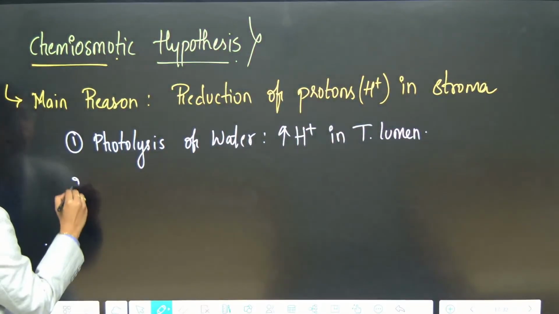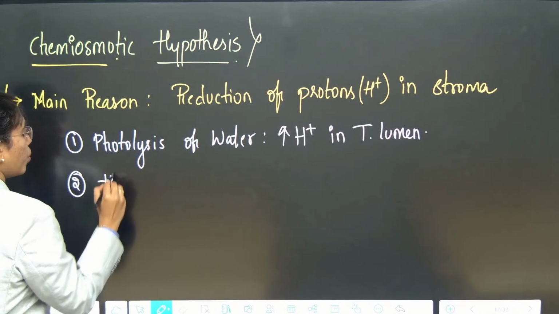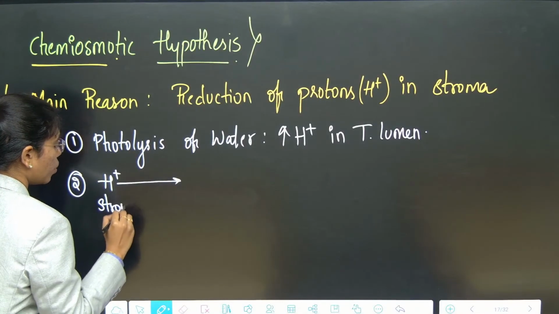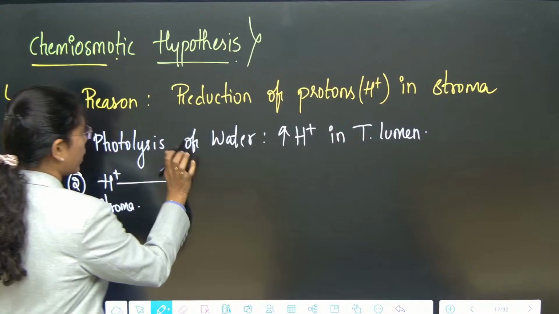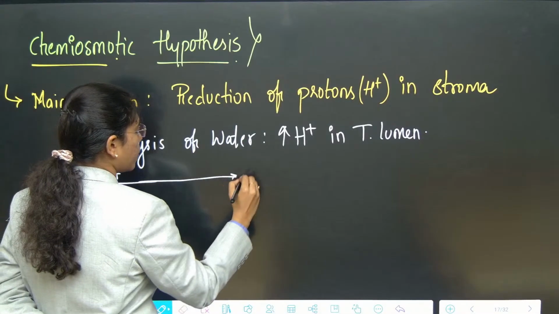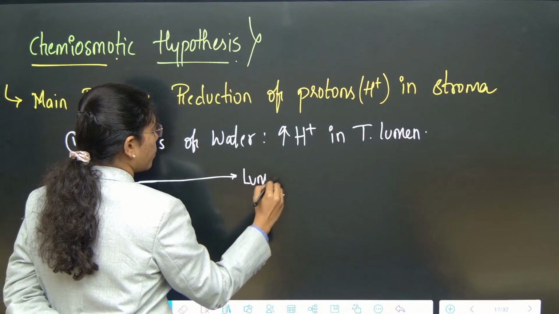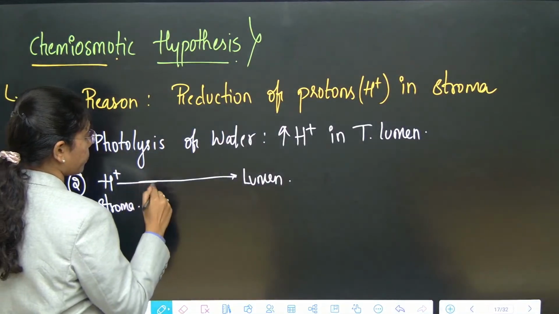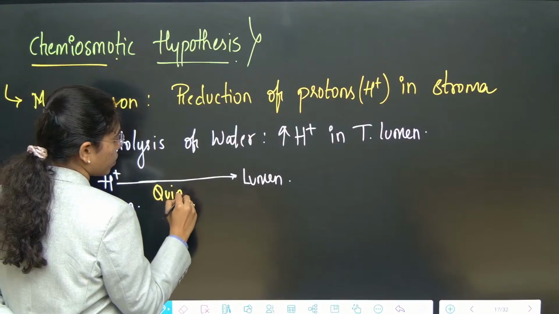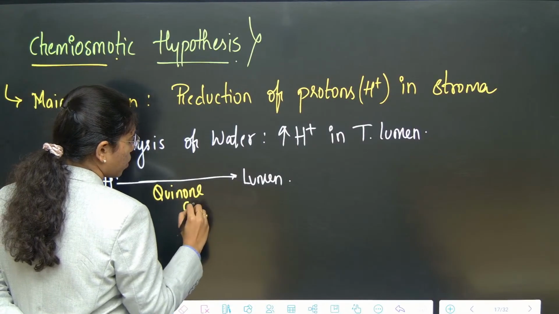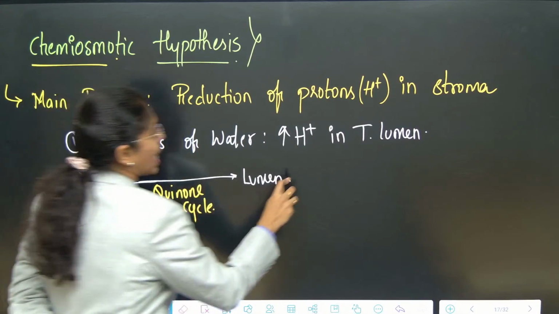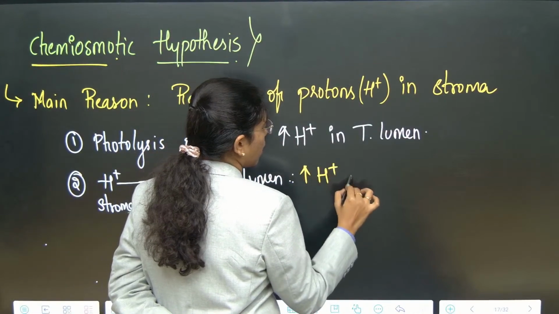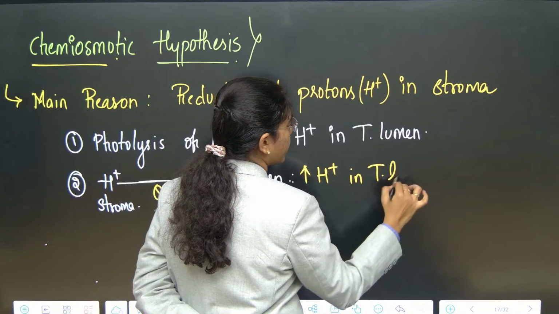Second is protons are pumped from stroma to lumen by quinone cycle, which again increases the proton concentration in the thylakoid lumen.